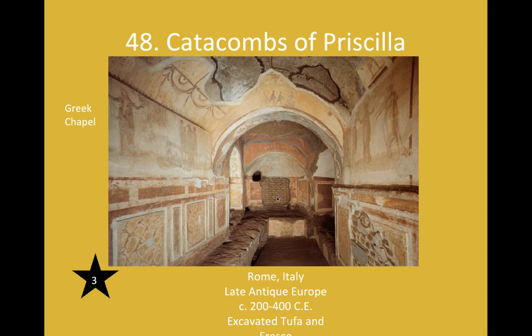Notice that the painting here is fresco. Notice that they plastered this and then they painted it to make it look like marble. They did that sort of fresco technique that we saw in Pompeii in the House of the Vettii. They did that underground. So they already have the tufa. Tufa is volcanic rock.